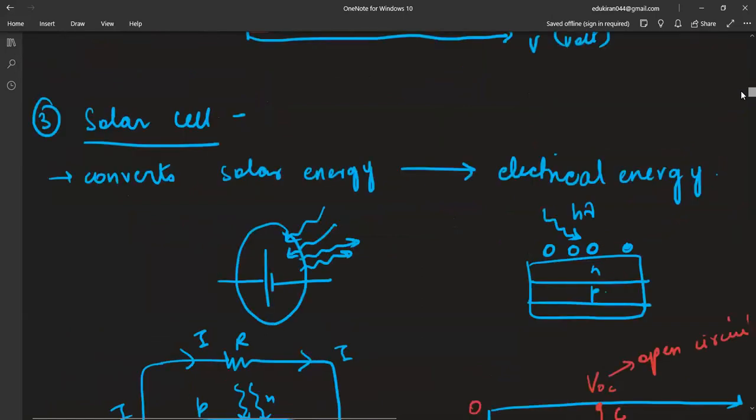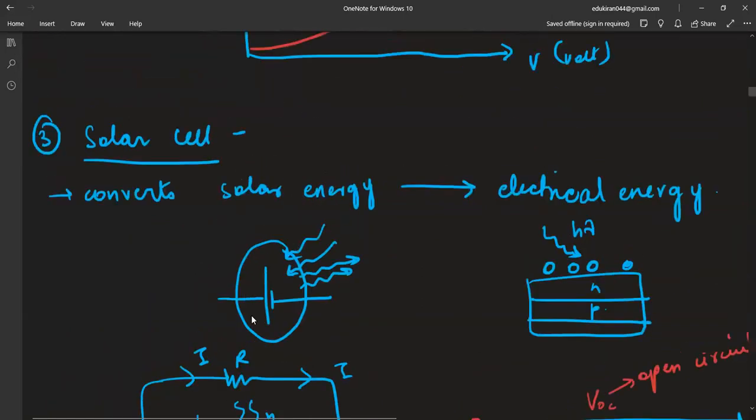Lastly, we have solar cell. For solar cell, the graph is a little different, which I'll tell you. First, understand this is the cell. Light rays can enter here because this is also transparent. Inside this, a PN junction is made in layers, unlike the other ones which are made in a single crystal lattice.